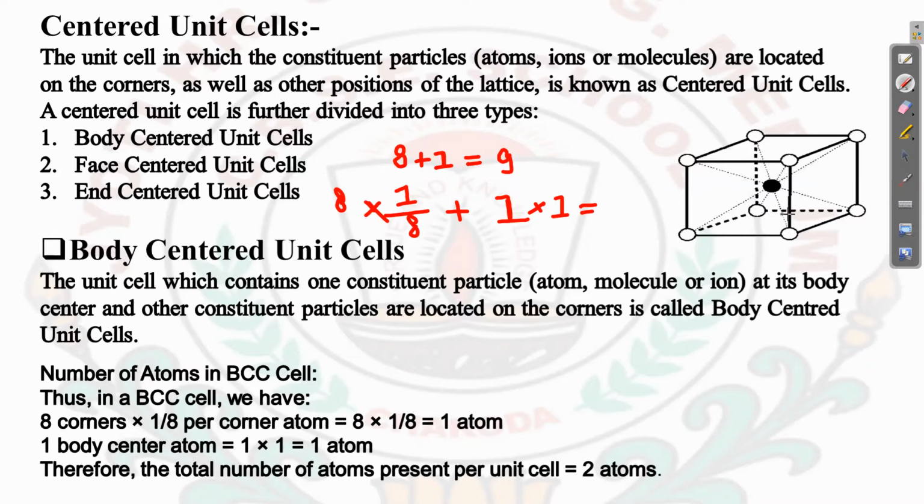Hence the total number becomes 2 atoms. It means that total 2 atoms are contributing in the body centered cubic cell.